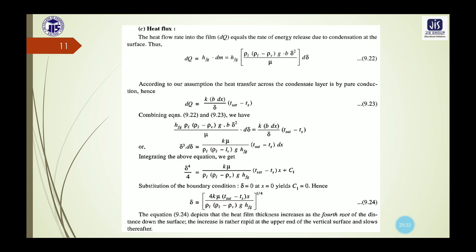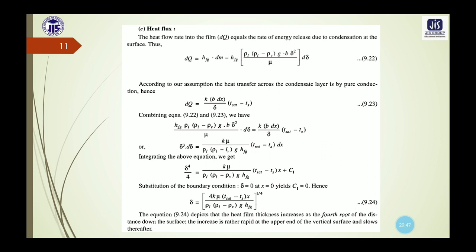So to find the value of delta, we need to do the integration here. After doing the integration, we need to use the boundary condition to find the value of the integration constant, c1. The boundary condition is at x equals 0, delta equals 0.